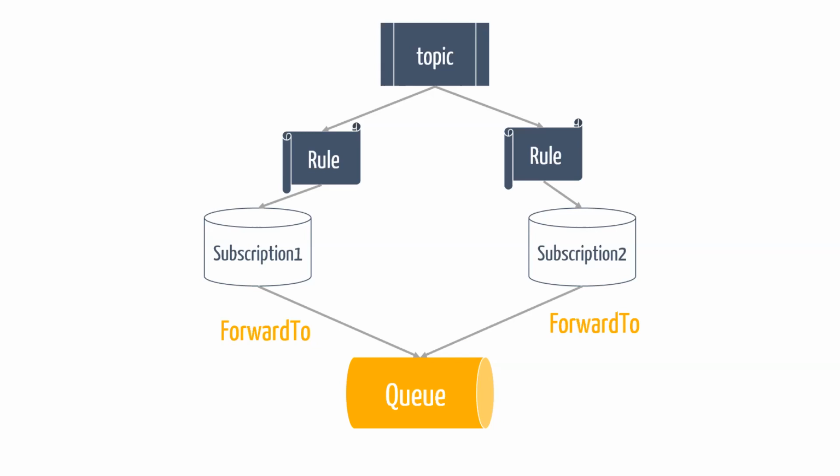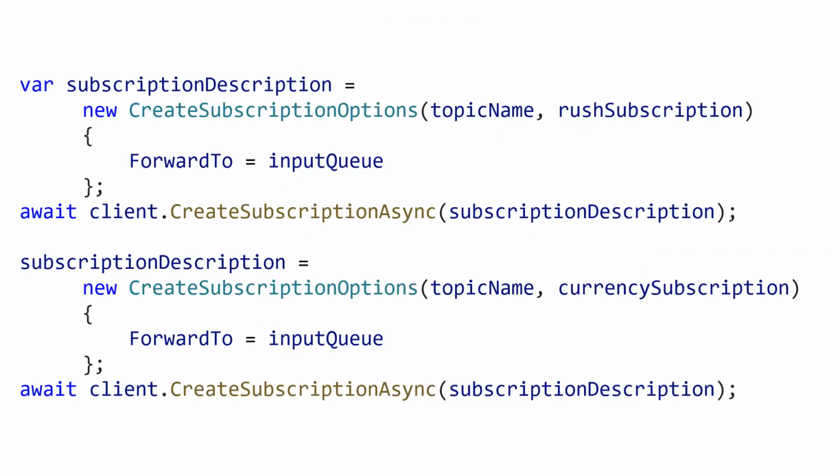And now these subscriptions are becoming forwarding entities. So whenever a rule matches and the message lands in subscription 2 or subscription 1, that message will automatically be forwarded to the queue, which means ultimately we only have to care about receiving messages from the input queue. And that is a super cool trick to reduce the complexity of your code that has to deal with messages coming in. By the way, NServiceBus also does that.